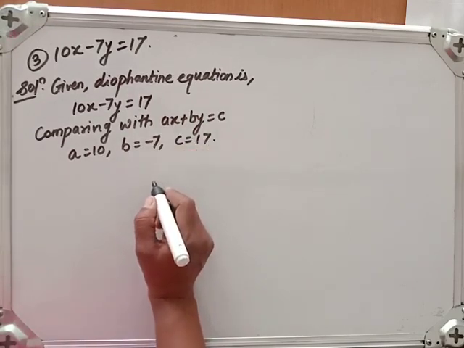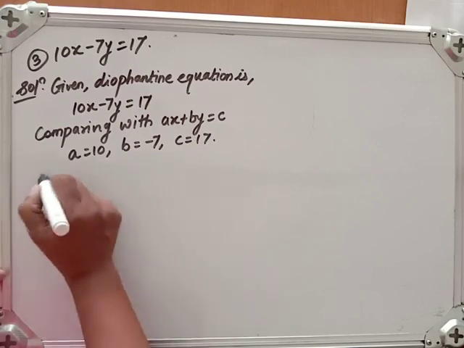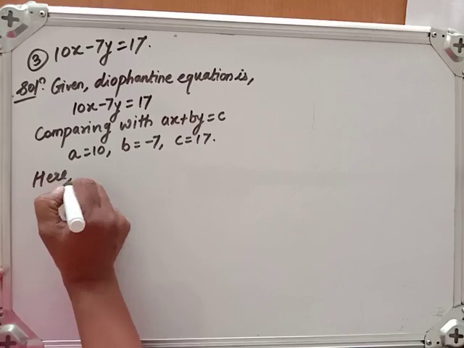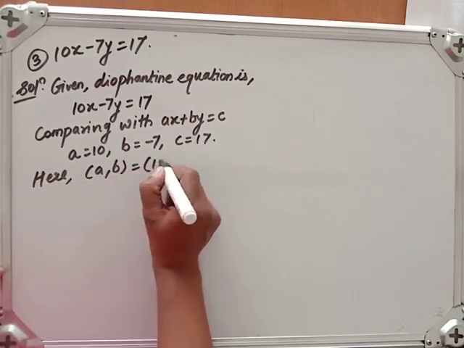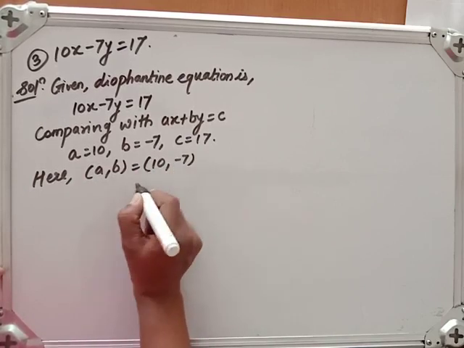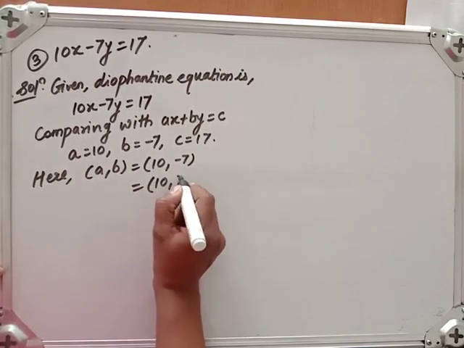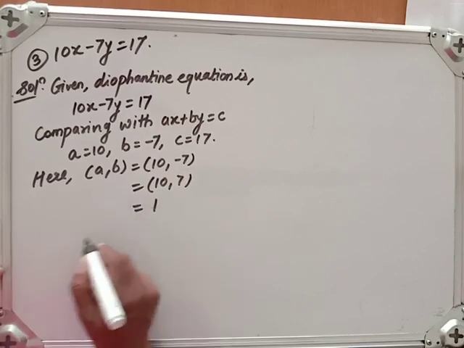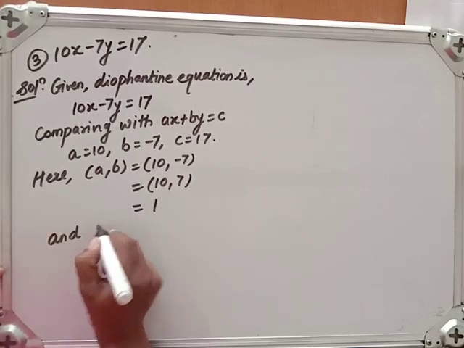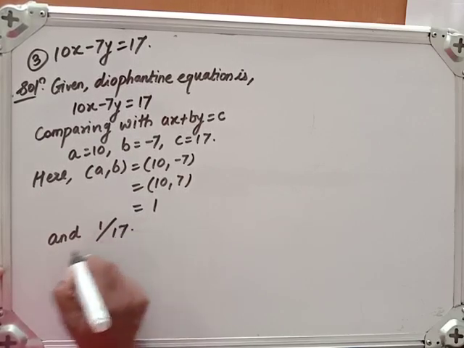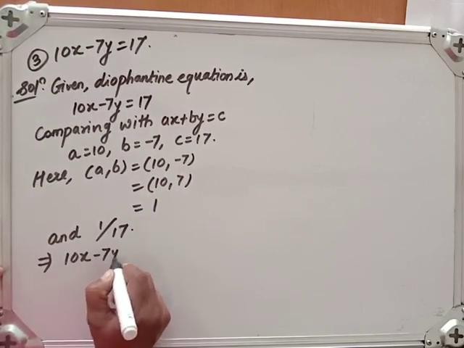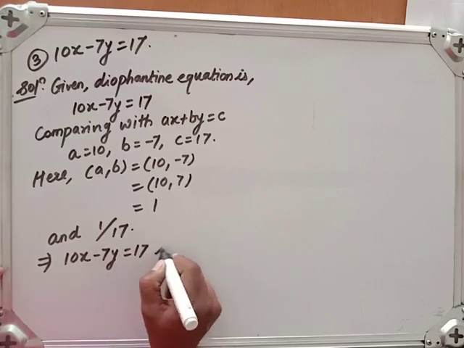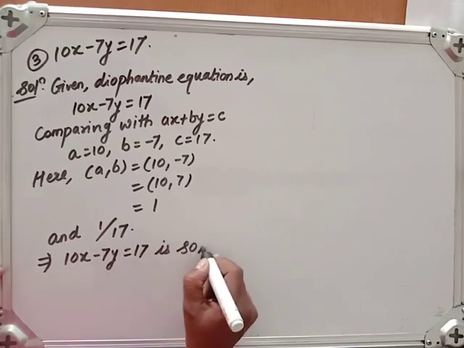Now here, GCD of a and b, that is GCD of 10 and -7, is the same as GCD of 10 and 7, that is what? 1, and 1 divides 17. So this implies the Diophantine equation 10x - 7y = 17 is solvable.